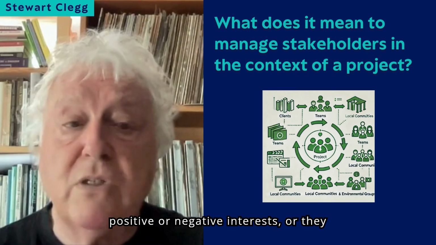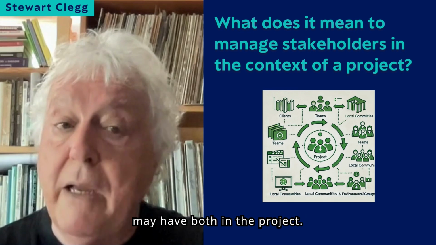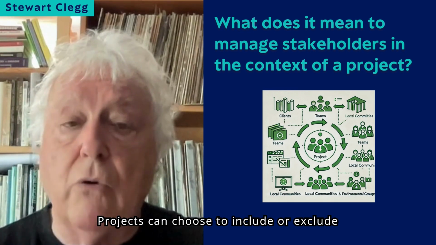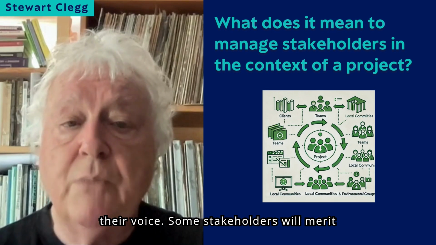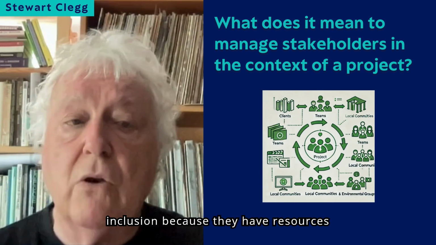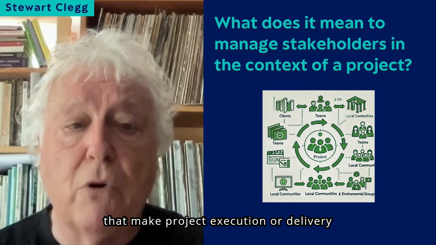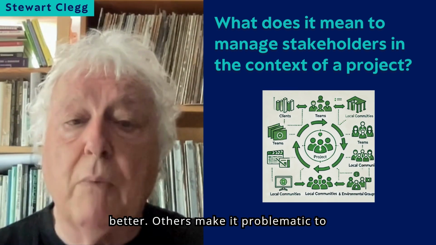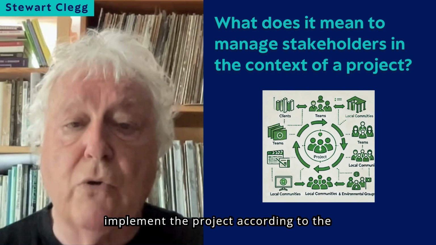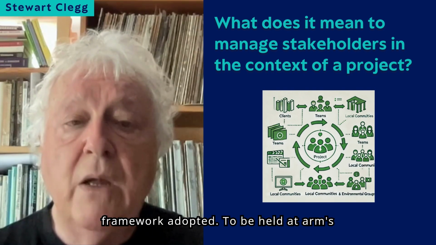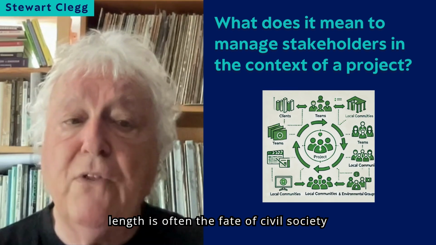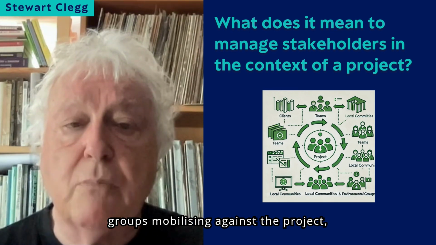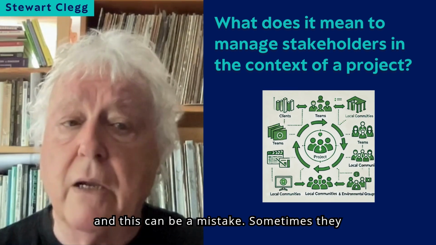Stakeholders may have positive or negative interests, or they may have both in the project. Projects can choose to include or exclude their voice. Some stakeholders will merit inclusion because they have resources that make project execution or delivery better. Others make it problematic to implement the project according to the framework adopted. To be held at arm's length is often the fate of civil society groups mobilizing against a project, and this can be a mistake.